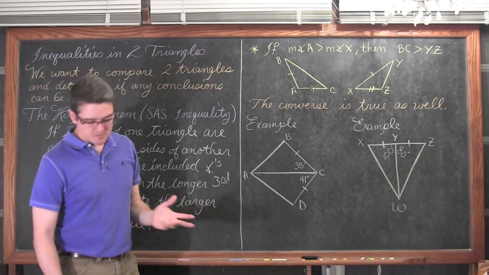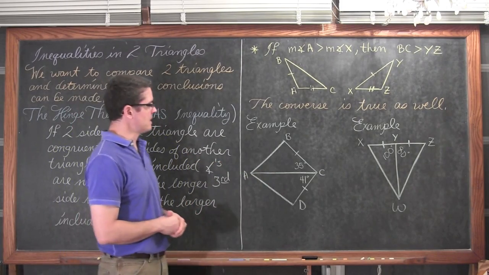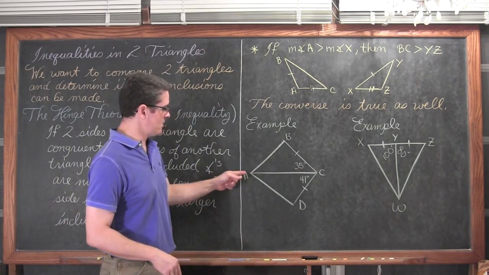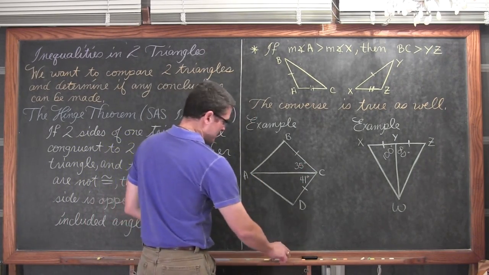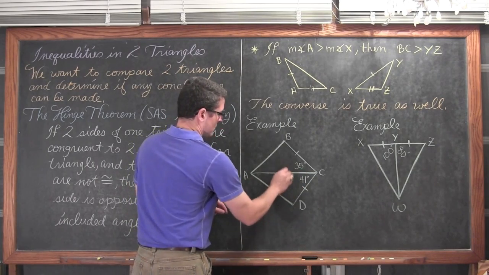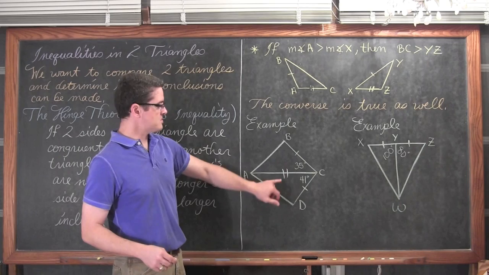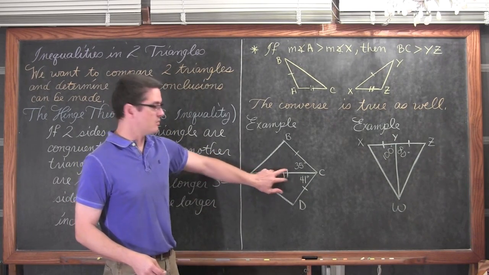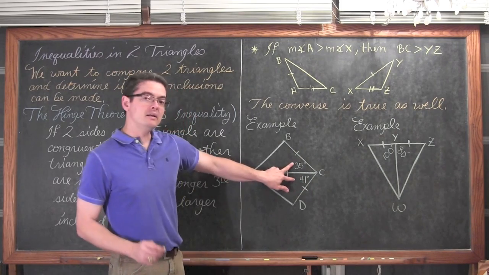Couple of examples, and again, I've got these two plus another three coming up, so there are lots of examples. I've got a couple of triangles here. They are sharing a side, so if we were doing a proof, we would say that AC is congruent to AC by the reflexive property. So I've got two triangles. They both have a pair of congruent sides, another pair of congruent sides, and we're looking at the included angles in between those sides, but they're not equal.